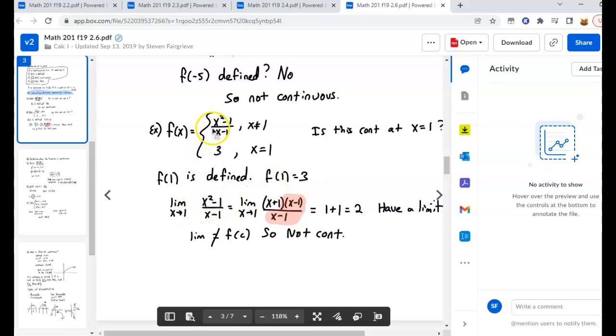The limit as x approaches 1 is actually equal to 2. So we do have a limit, but it's not continuous because they're not equal. So piecewise functions, you do have to check those. Just because they're defined, you do have to check, does the limit equal the function value? Or do you even have a limit?